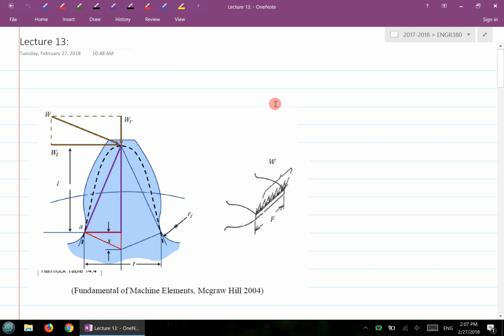So in the previous lecture, what we have been focusing on is the bending normal stress at the root location. Essentially, that is failure due to bending normal stress at this location. What we did is we derived the so-called Lewis equation.